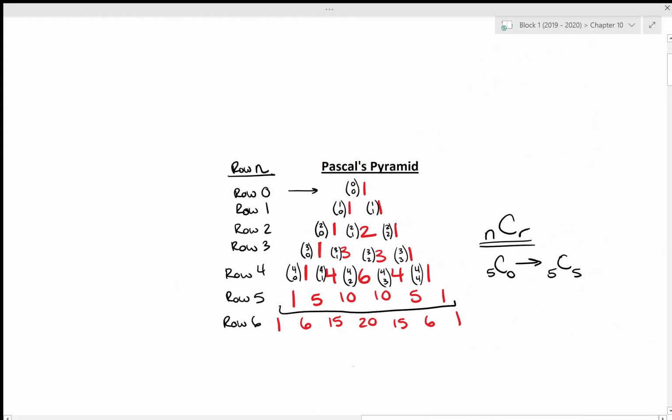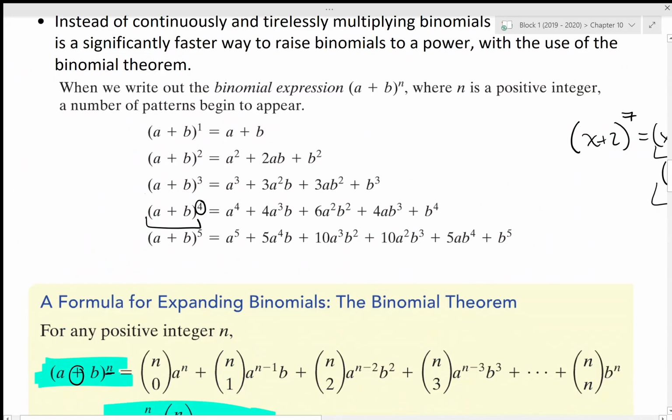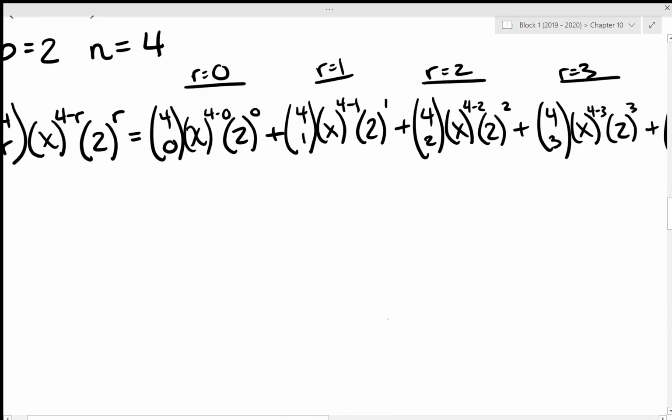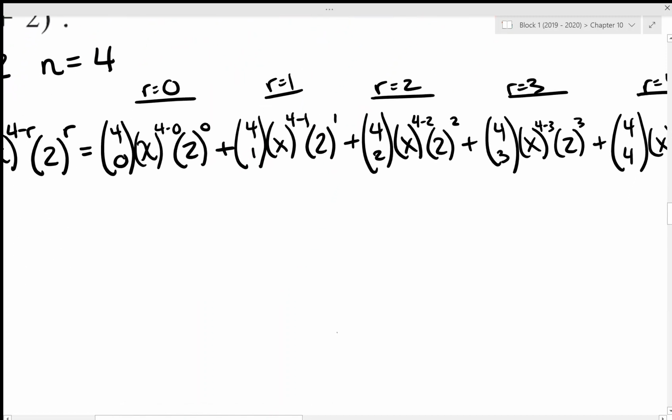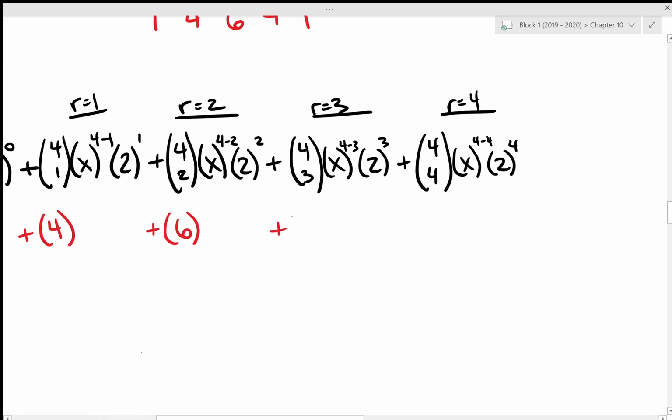So those are all the answers I will get for that little bit here. So 1, 4, 6, 4, 1. So I know I'm going to have 1, 4, 6, 4, and 1.